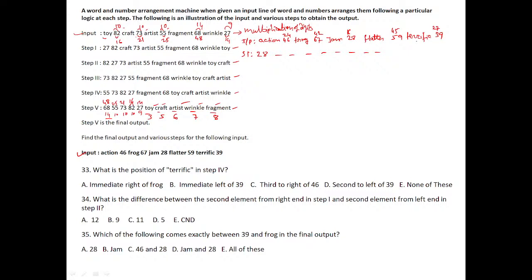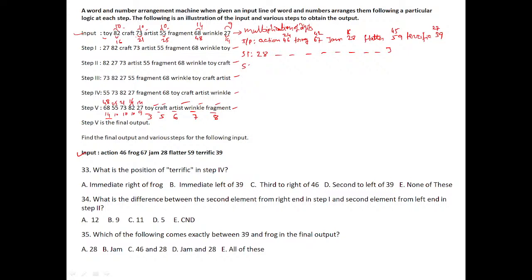So 10 words and numbers are given, 5 numbers and 5 words. So we have to make 8 dashes here, because on either side we arrange 1 and 1 in the right hand side. So it will get what? Jam, having the lowest number of letters, 3.